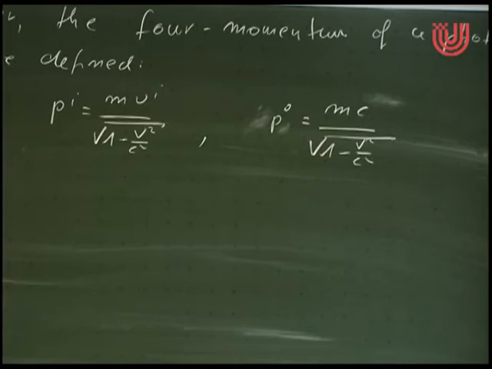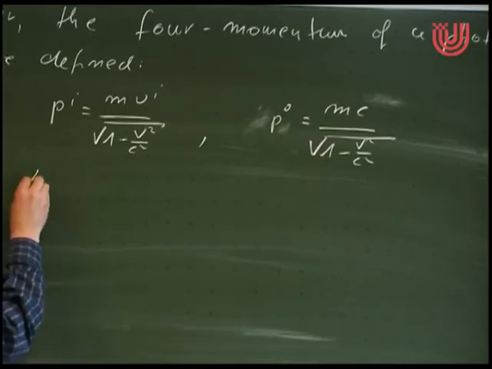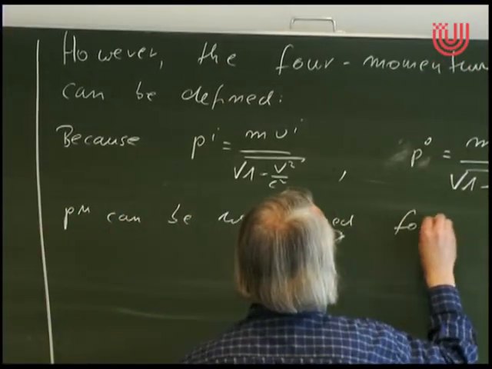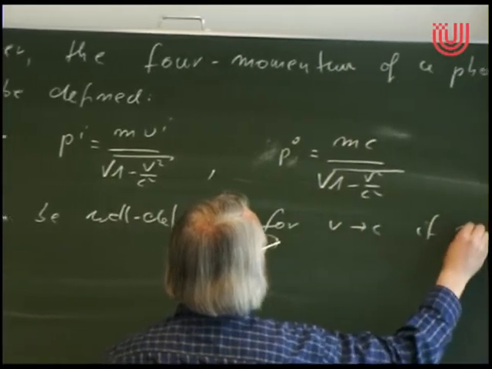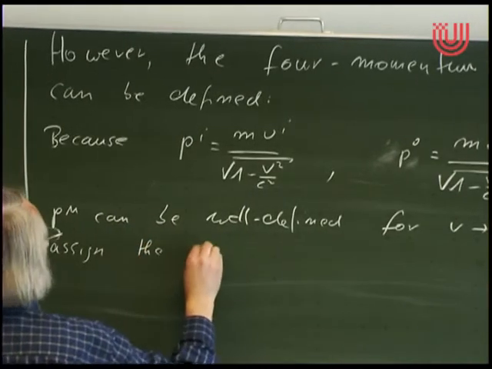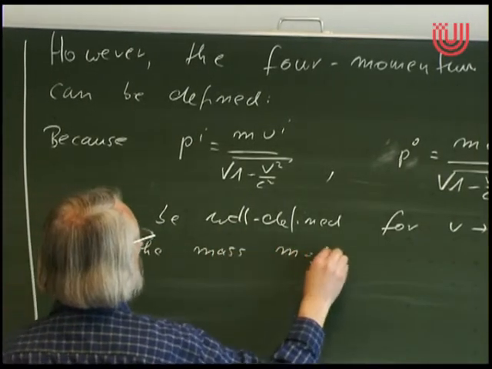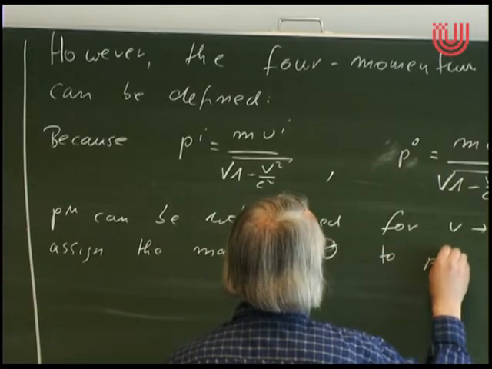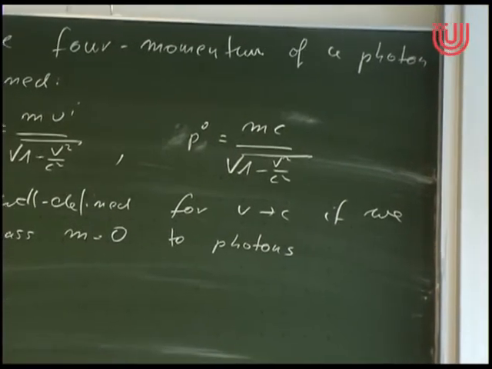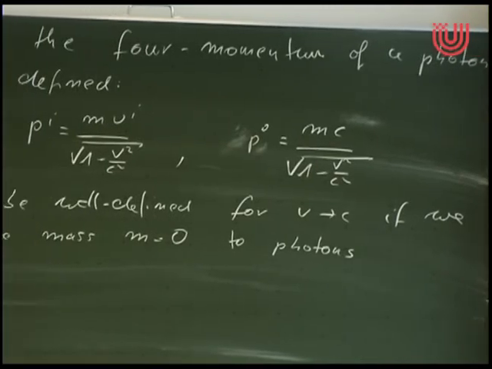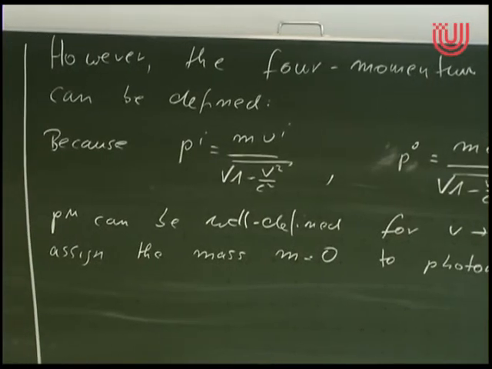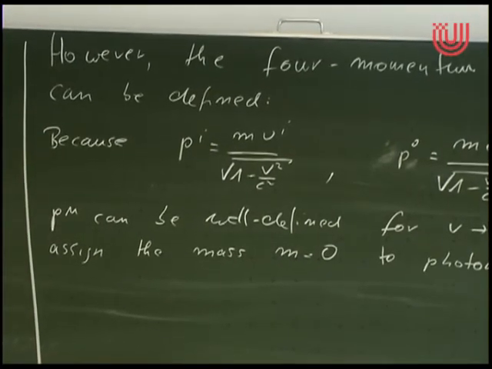So p^mu can be well defined for v equal to c if we assign the mass m equals 0 to photons. So we say a photon is a particle which has a four-momentum p^mu, and of course this must be light-like, because the world line is under 45 degrees, so it should move with speed c.